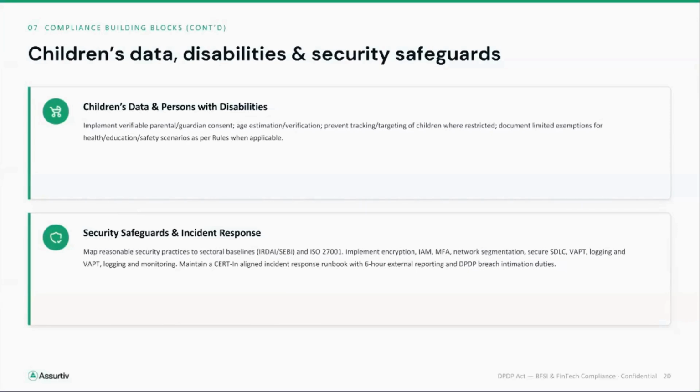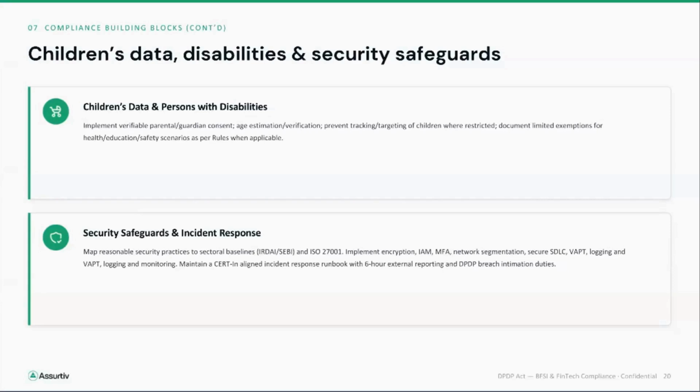Second point, if you talk about security safeguards and incident response mechanisms in an organization, if you take BFSI or the insurance sector or FinTech, we need to map reasonable security practices against ISO 27001 or ISO 27701. 27001 talks about ISMS, Information Security Management System, and 27701 talks about the Privacy Information Management System, PIMS.